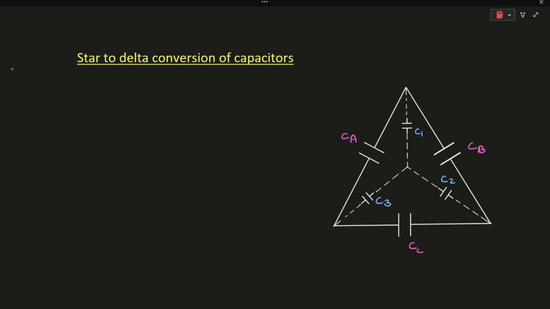Now let's discuss star to delta conversion of capacitors. As we know, the series parallel combination of capacitors behaves opposite to that of series or parallel combination of resistors.